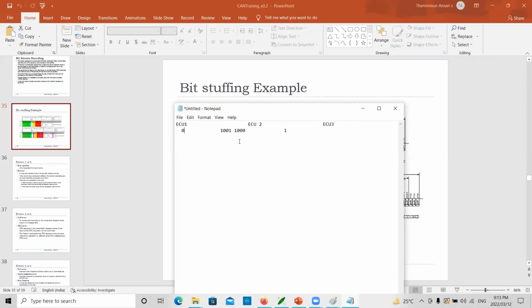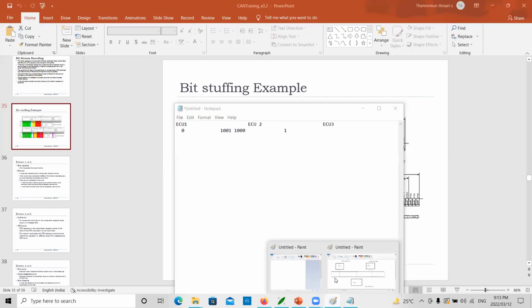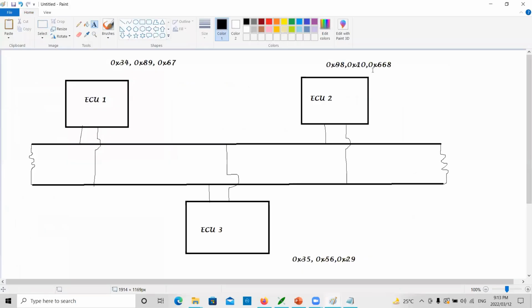After the transmission of ECU3, the ECU2 will complete. When you see this order, and also when we see this diagram, ECU1 is 34, going out first, then 35 and then 98.